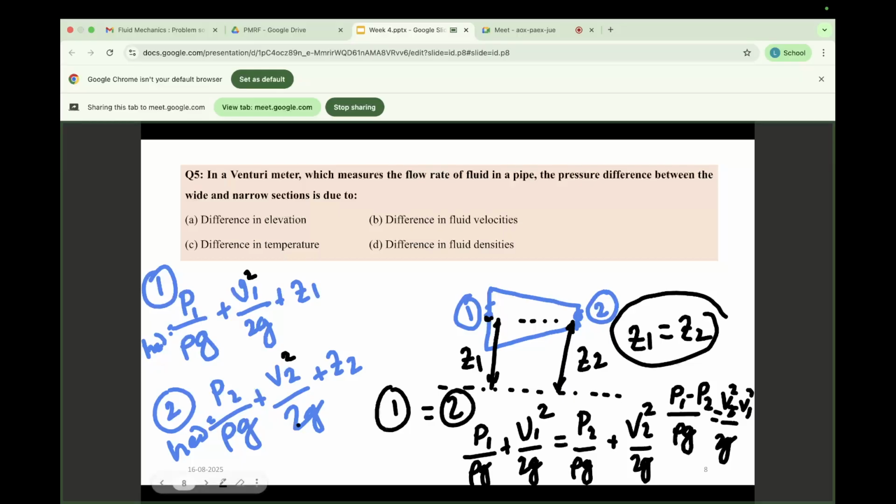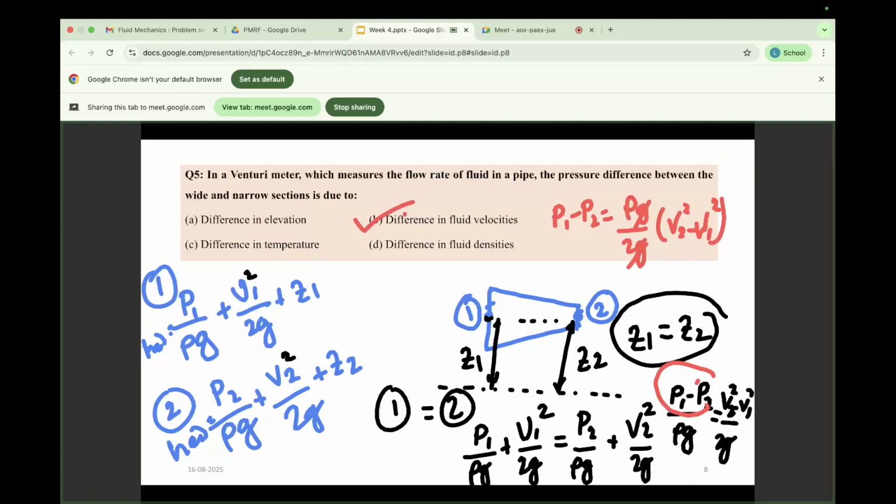Or I can write P1 minus P2 equal to rho g by 2g times (V2 squared minus V1 squared). The g's cancel out. So what exactly does this say? The pressure difference is proportional to the change in velocity.